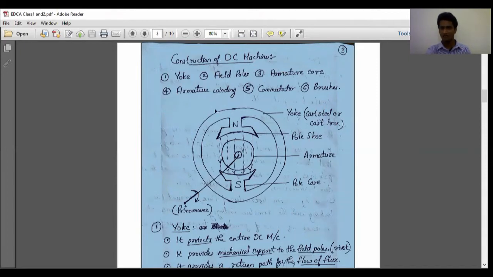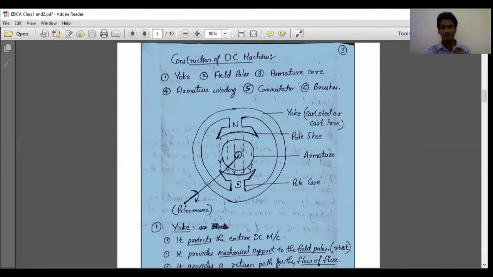Before that, let us have a brief look at the figure showing the construction of a DC machine. The outermost part is called the yoke and is the main protection for the entire machine. And this is the pole core, north pole and south pole, and this rectangle shaped part is called the pole core, on which we wind the field windings.